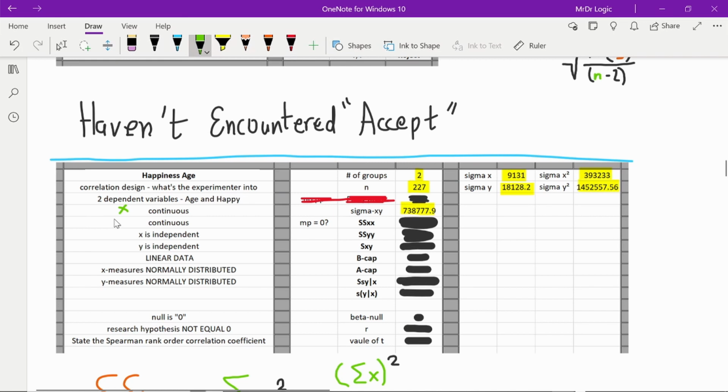So x is continuous, y is continuous and dependent. So we go with linear data. If it goes to linear data, it won't ask you if it's monotonic. And then if you say both are normally distributed, this is where this begins.